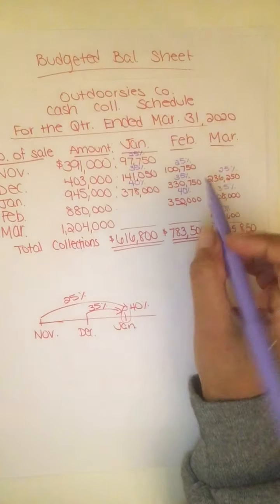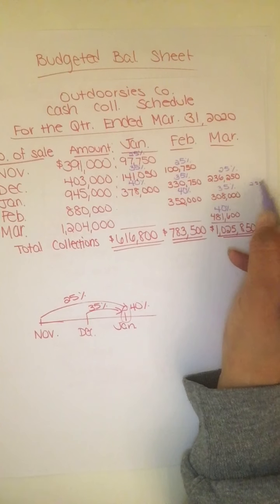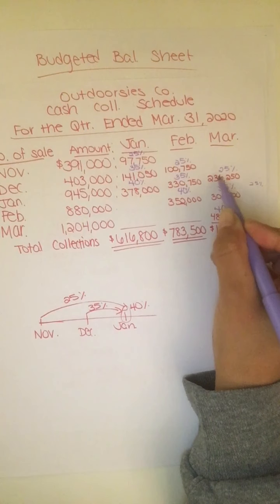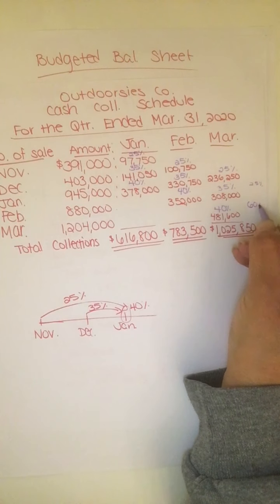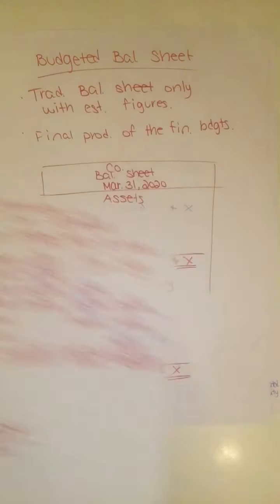Remember that? We basically said, for instance, this one, we're still missing 25%, right? We've collected 40, 35, we're missing the third month of 25%. That would be AR. Here we'd be missing 60%, right? So your accounts receivable would be your remaining account balances that have not yet been collected.